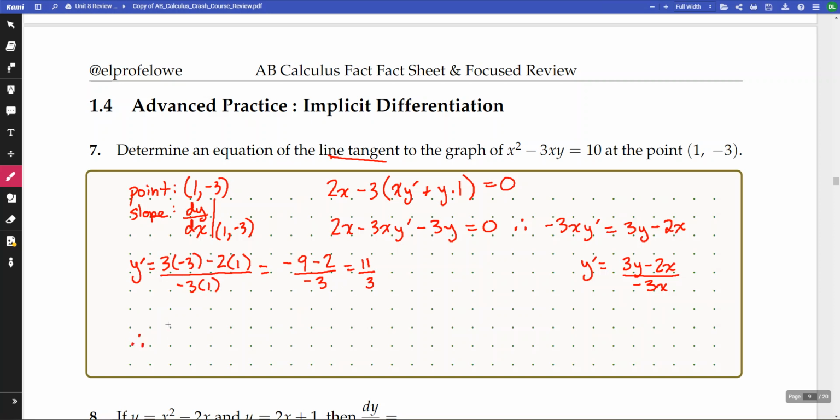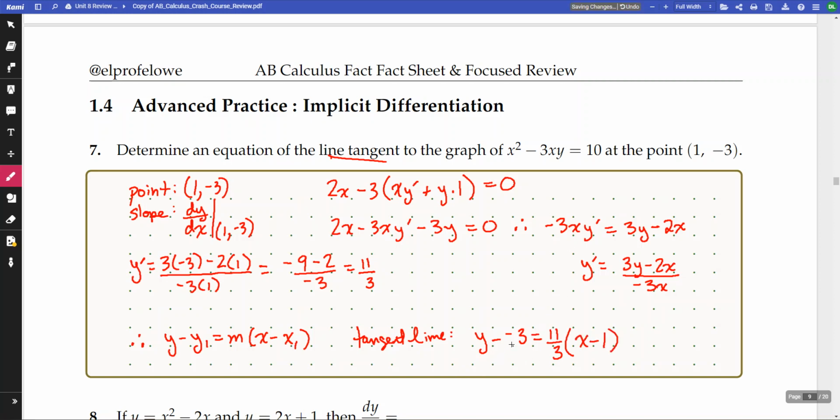So therefore, using the point slope form of a line, y minus y1 equals m times (x minus x1), right? My tangent line is going to be given by y minus the y value being equal to the slope times x minus the x value.